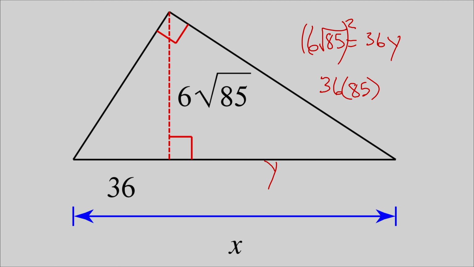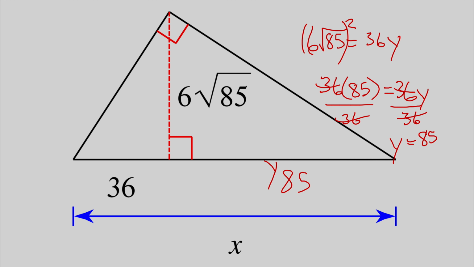Square root of 85 squared is 85. And that equals 36y. That means y is 85. But remember, x is that whole distance, so we would do 36 plus 85. So let's see, 6 plus 5 is 11. So that's 121.